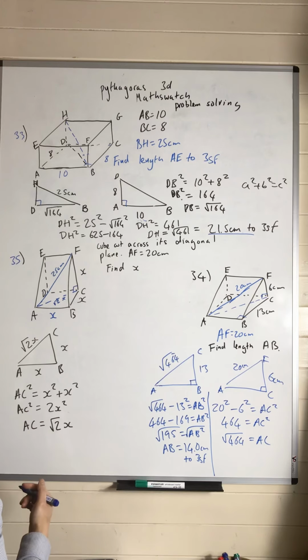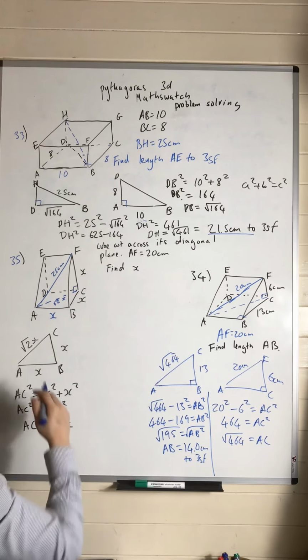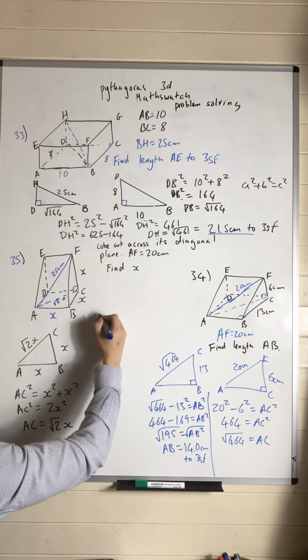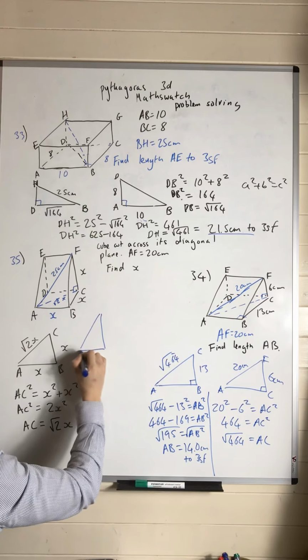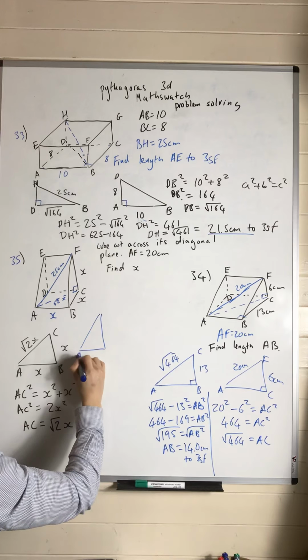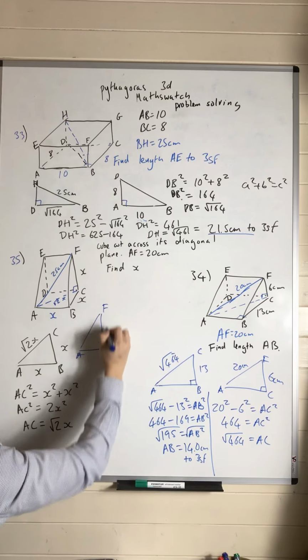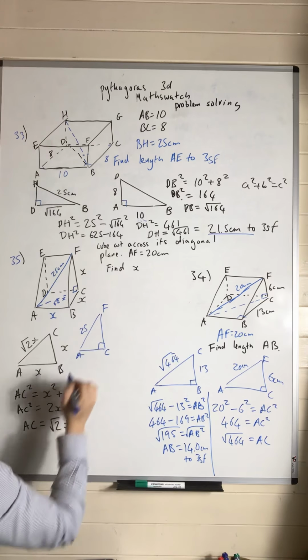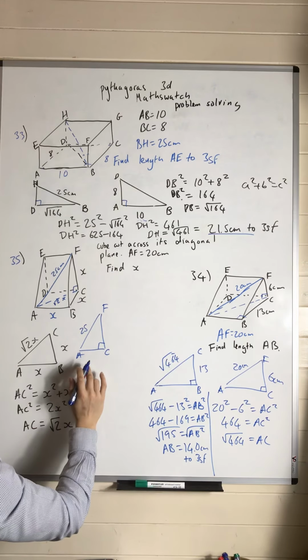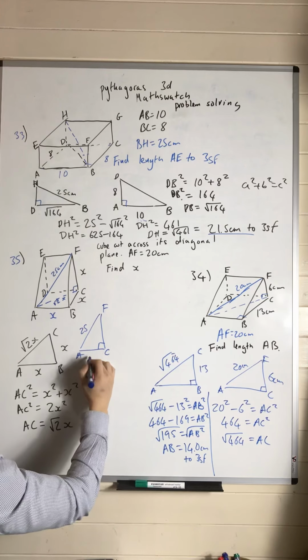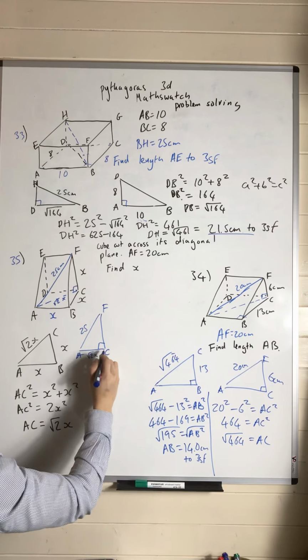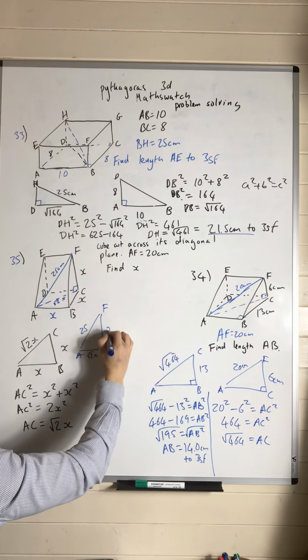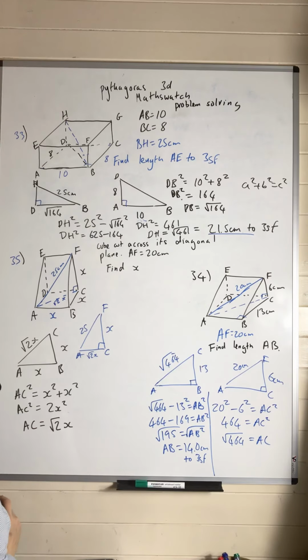So we have to form an equation here, so we'll create this triangle here. That is ACF, right angle here. We know A to F is 25 centimetres from the question. We know AC, the bottom, is root 2 x, and FC is x, because it's a cube.